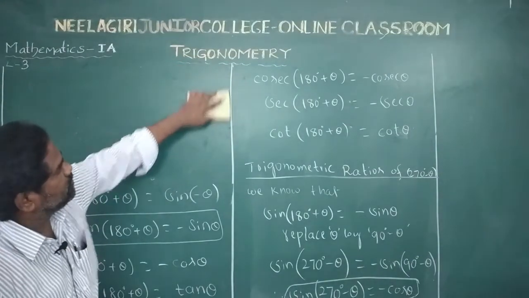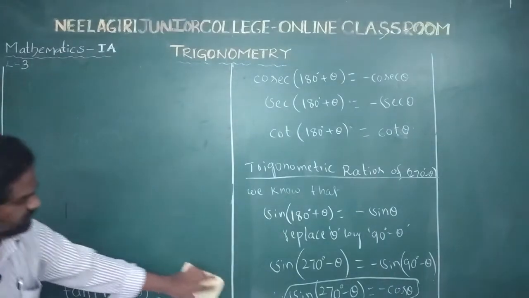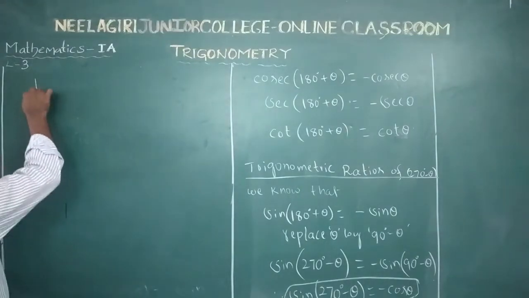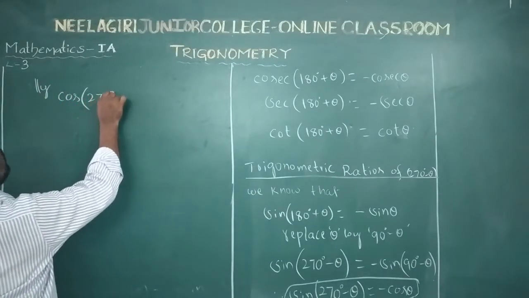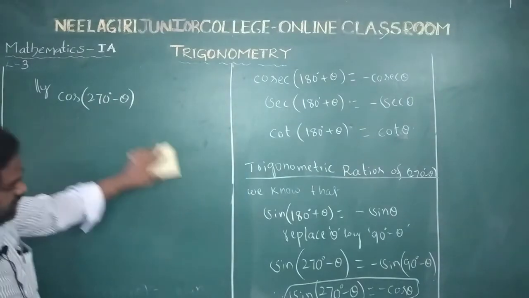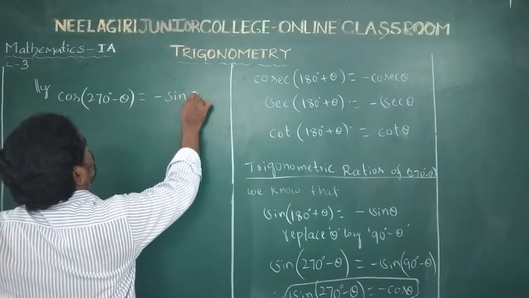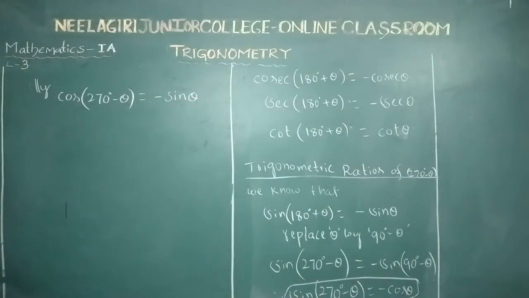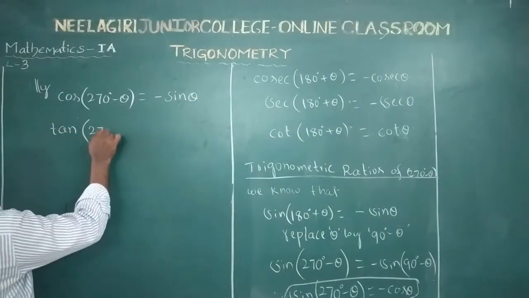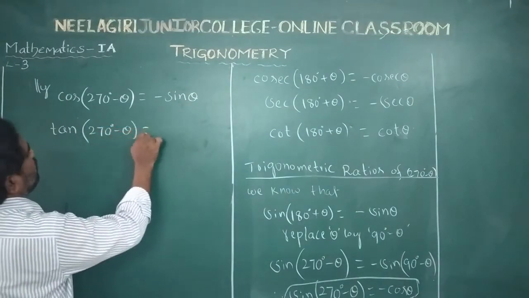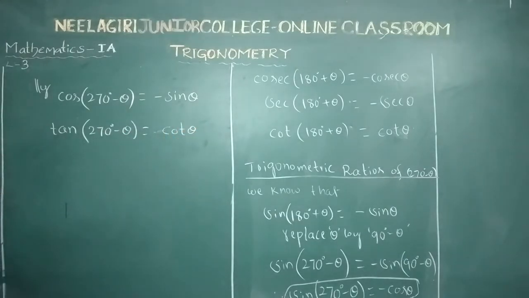Similarly, we are going to take the other values as like this. Cos of 270 minus theta equals minus sin theta. Tan of 270 minus theta equals plus cot theta.